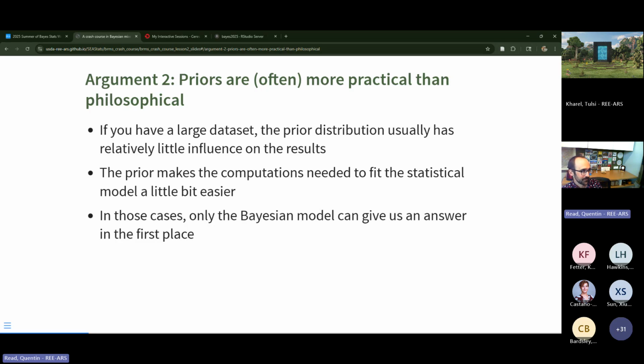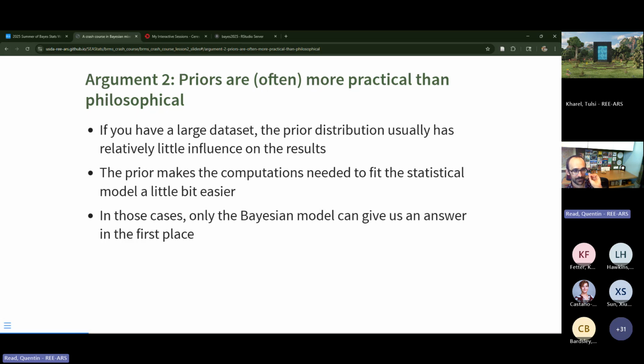Another argument in favor of priors is that we're really using them more for practical computational reasons most of the time than because we truly have some strong subjective belief. If you have a lot of data, the prior distribution doesn't even influence your results that much. The likelihood is really having most of the influence on our posterior.